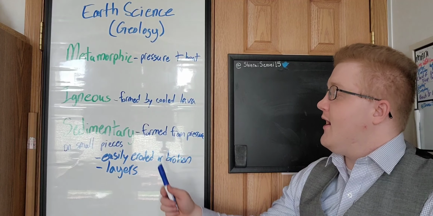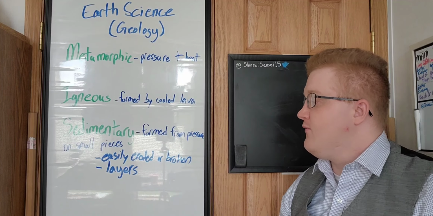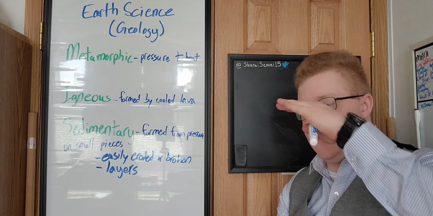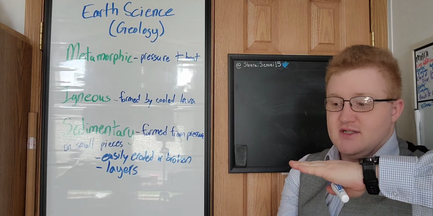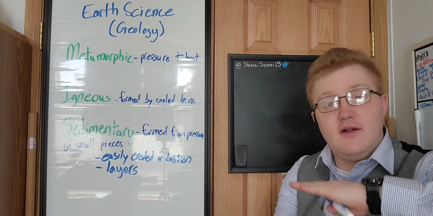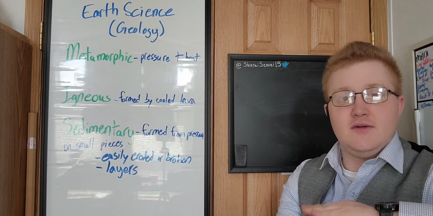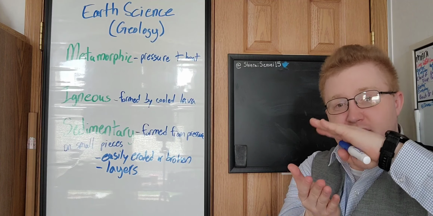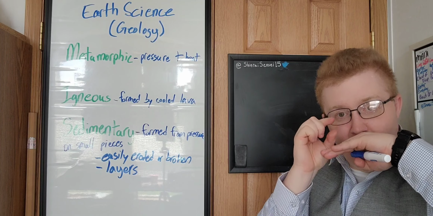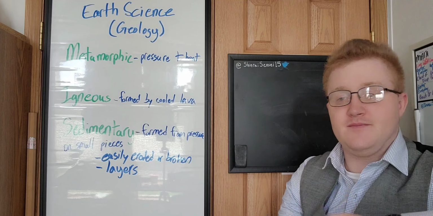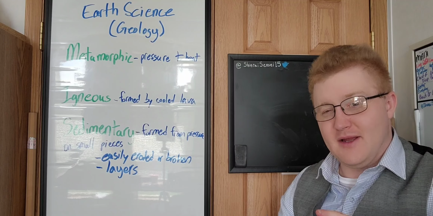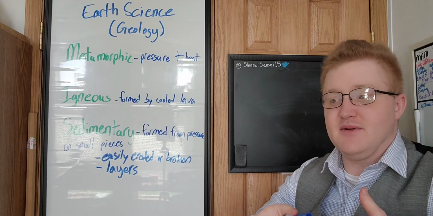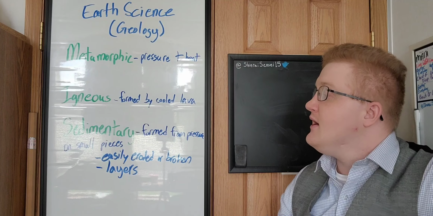So there's sedimentary rock, easily eroded or broken, and it forms in layers because it is literally just layers and layers of soil, sand, gravel, clay that get compressed over thousands and millions of years into a rock, right? That's all. I know I overcomplicated that, but I wanted to give you guys detailed examples and detailed explanations.